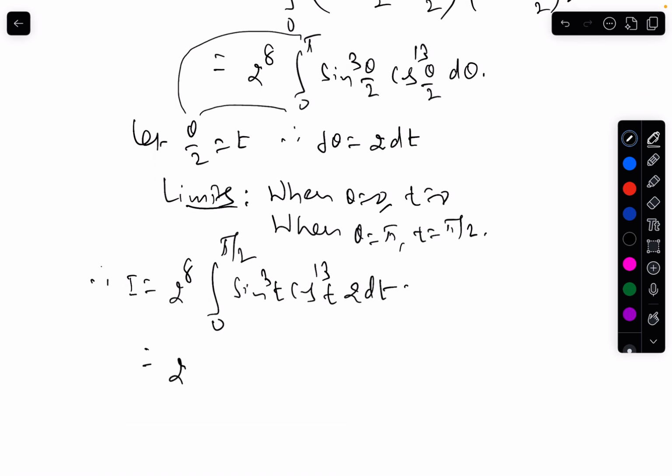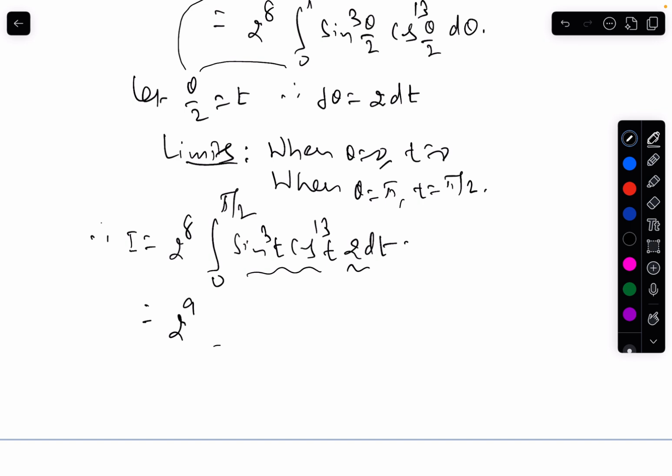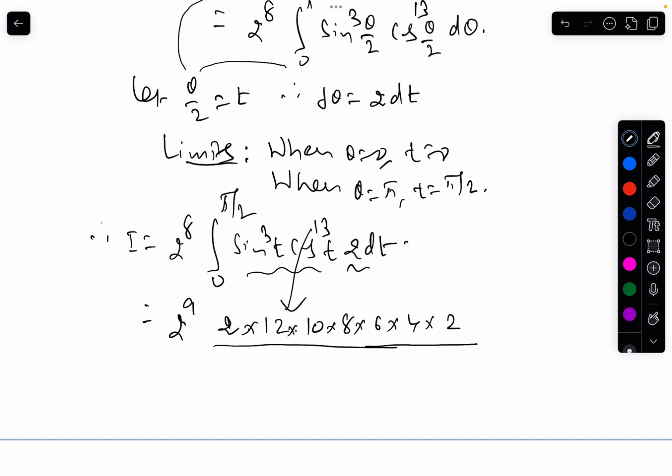So this is 2 power 9 sine power 3 cosine power 13. So we can use the reduction formula 3. So 3 minus 1 is 2. We have to stop here. 13, so 13 minus 1 is 12. Then 10, then 8, then 6, then 4, then 2.